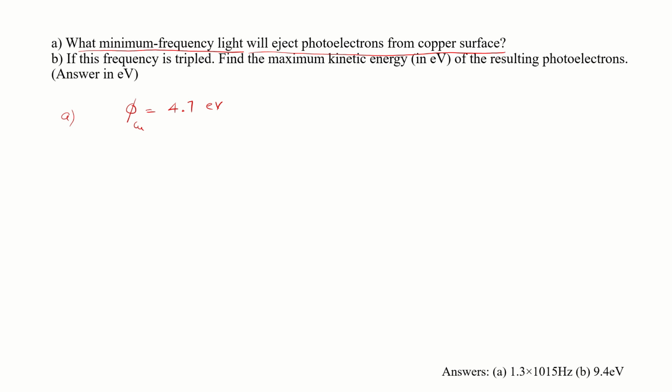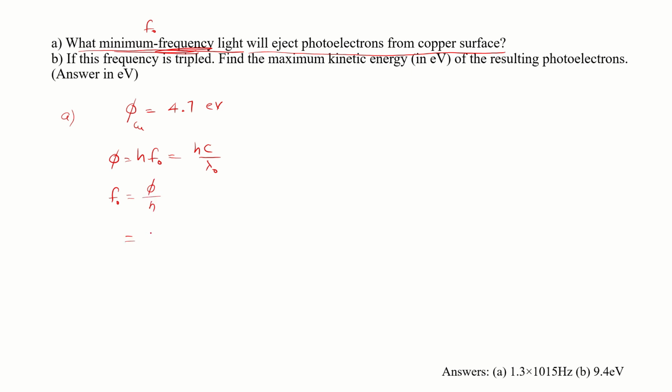Now we can calculate the minimum frequency. For the work function there are two formulas: hf naught, and hc by lambda naught. Minimum frequency means we have to calculate f naught, so f naught equals the work function divided by h.